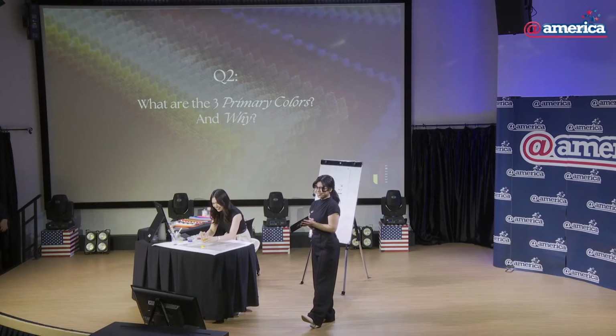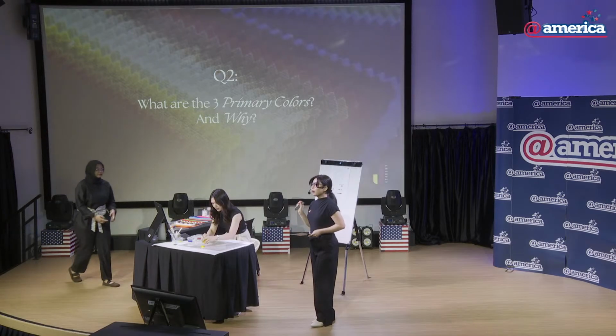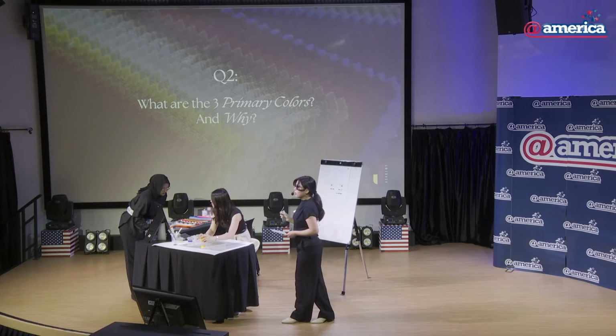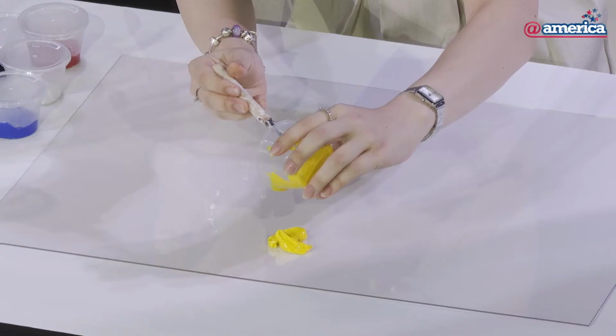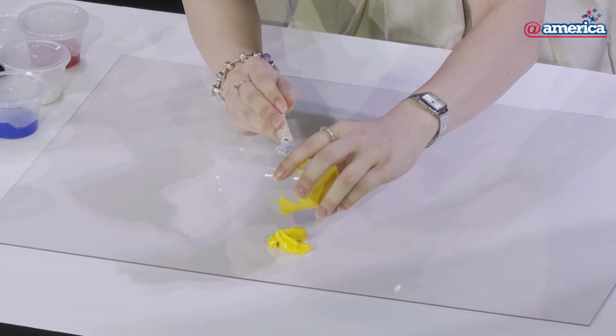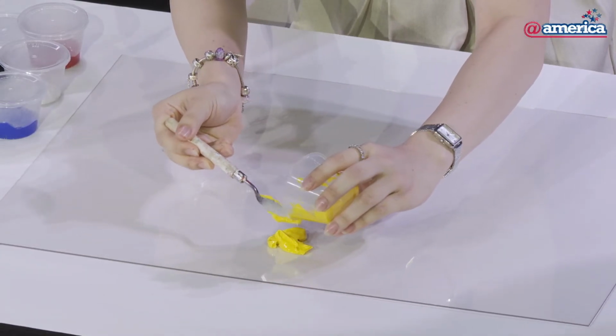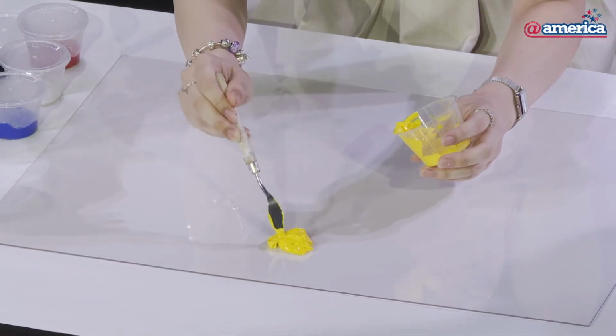Exactly. Thank you, Stephanie. Give a round of applause for Stephanie. Yes, primary colors are those colors that we cannot derive from or by mixing any other color. So that is the base colors in this world. And you'll be surprised once we mix them all together with certain colors, all the color chart will appear. We're gonna be making so many colors today with just these three.